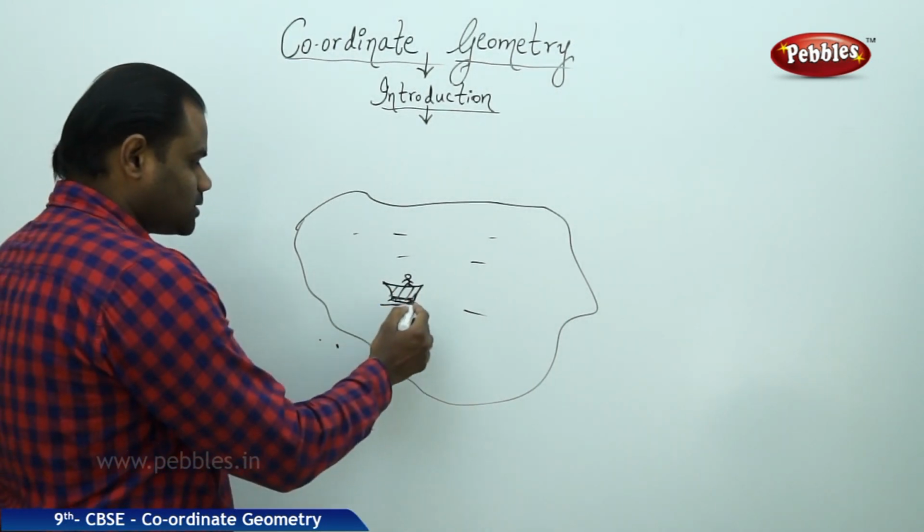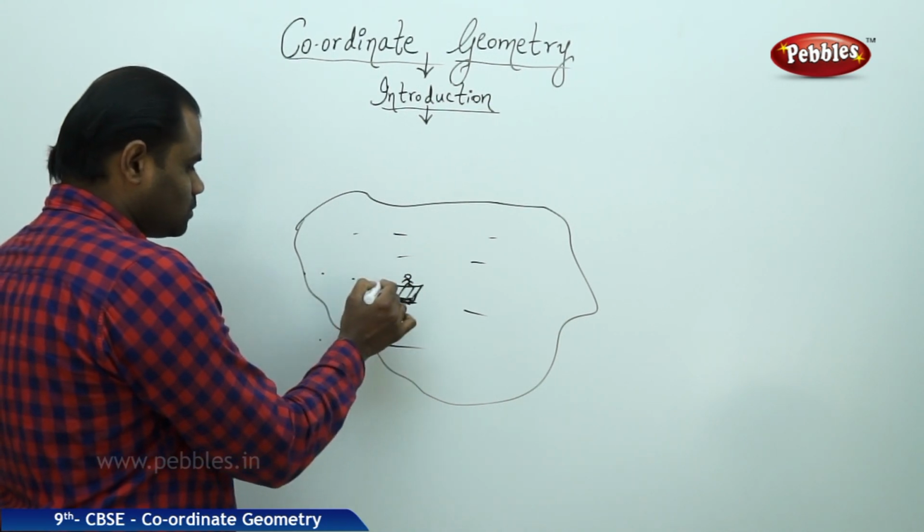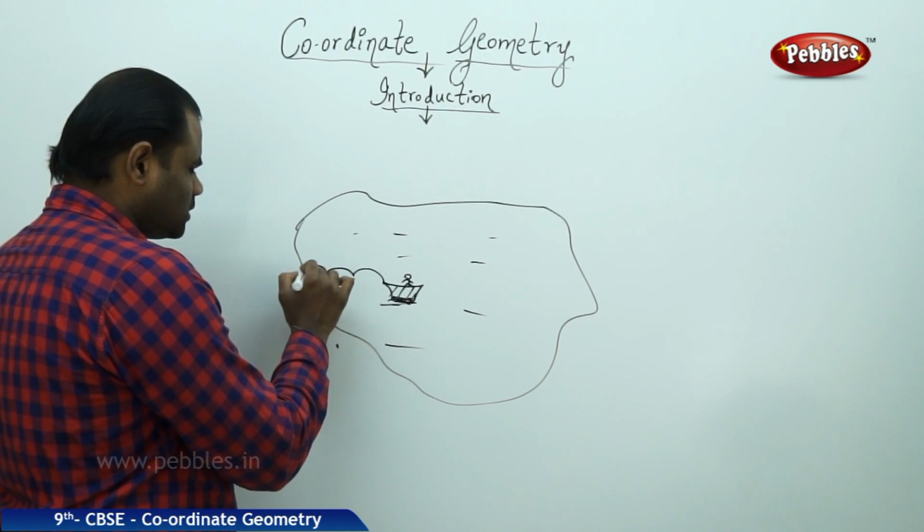The ship out here in the sea is assumed to be at 2 units, 1, 2, and 3 units.